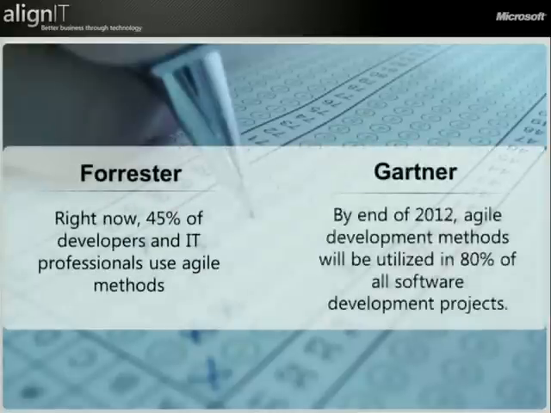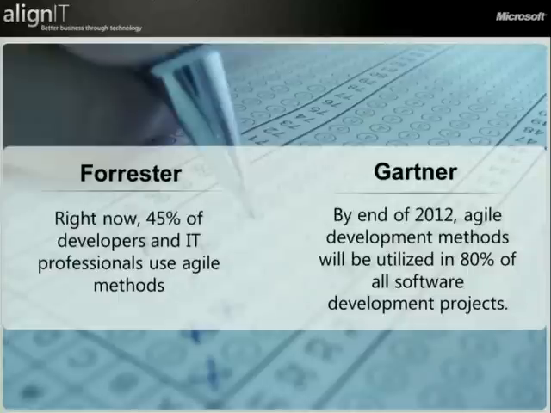There have also been a number of reports generated. Some notable firms like Forrester and Gartner have published reports saying that there is a trend within the industry showing that more and more companies are moving towards methodologies because they give you a sense of predictability. They also have tangible wins associated with instituting those methodologies.